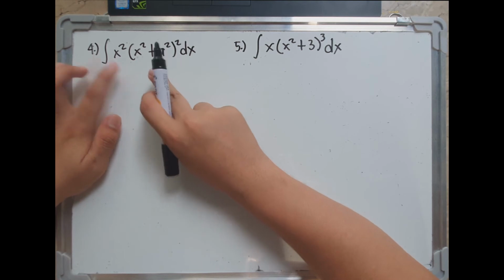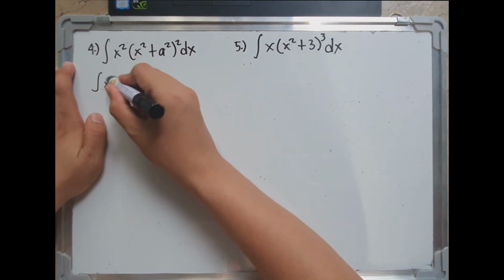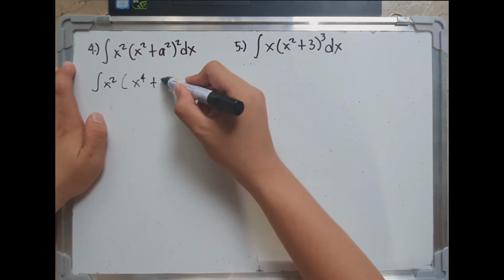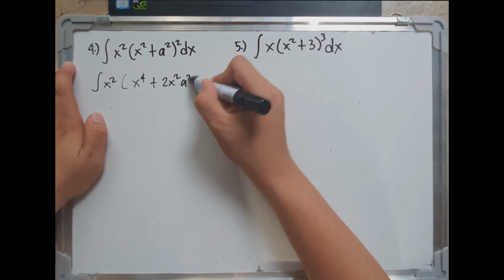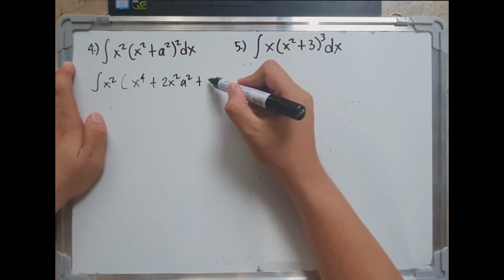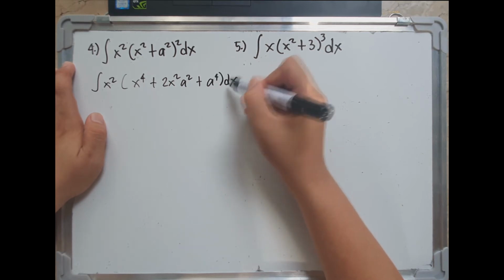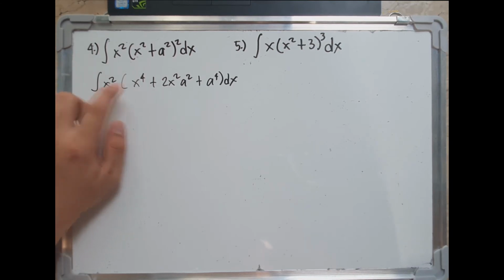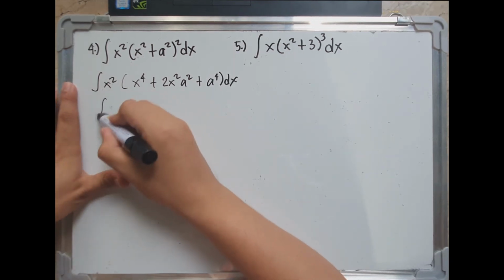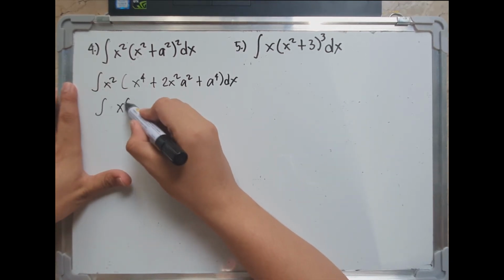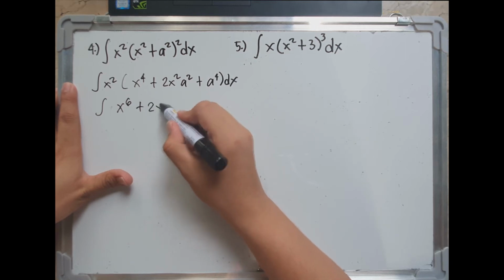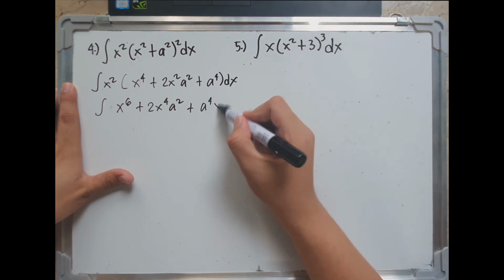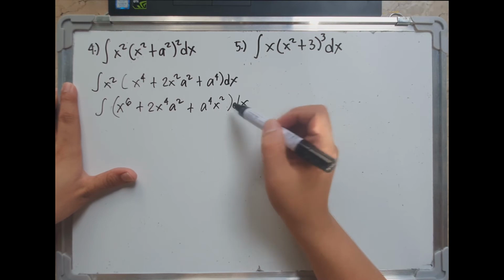How about if we're going to expand the quantity squared? So this will become x to the fourth plus 2x squared a squared plus a raised to the power of 4 dx. Okay, how about that? And from this moment on, we will be distributing x squared to all our terms. So we now have x to the 6 plus 2x to the 4th a squared plus a to the 4th x squared, and all are multiplied to dx.